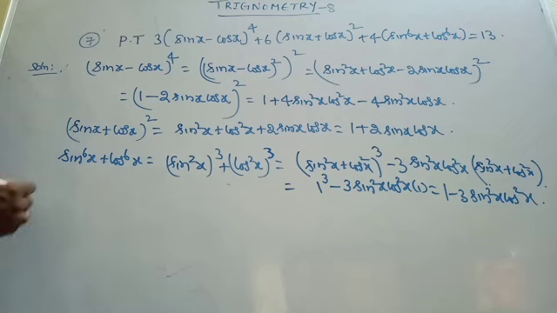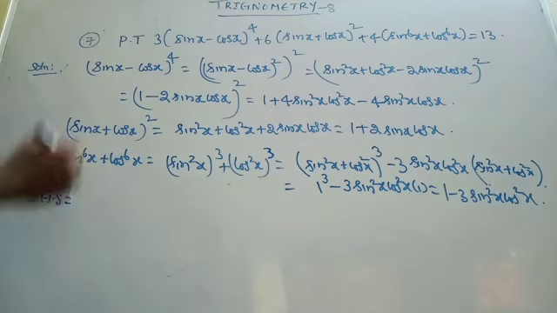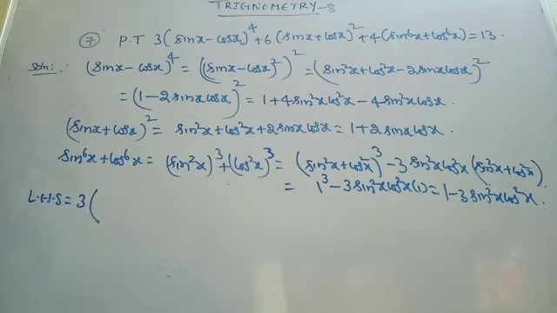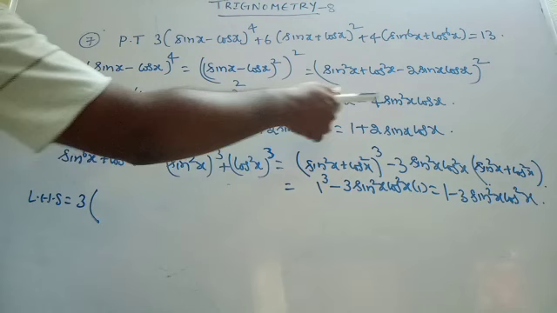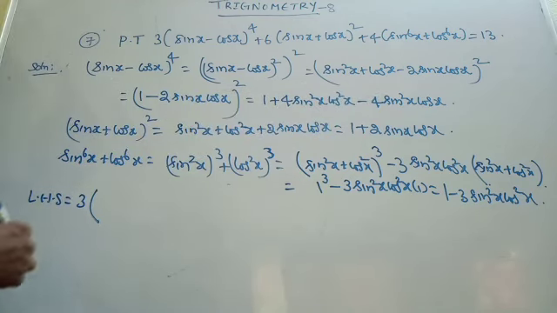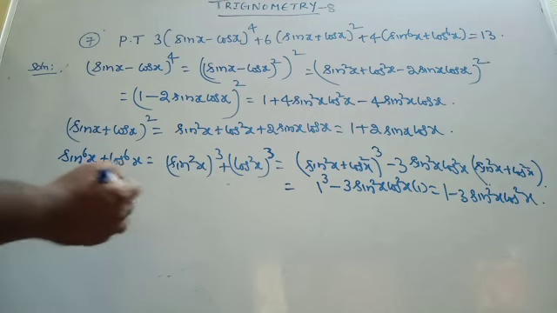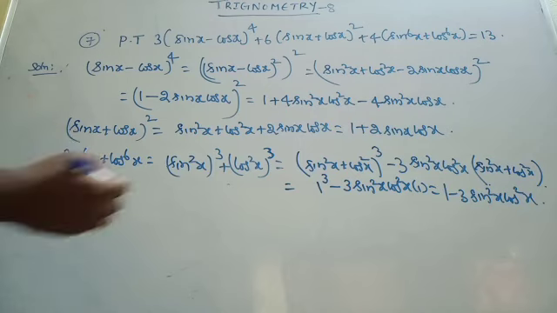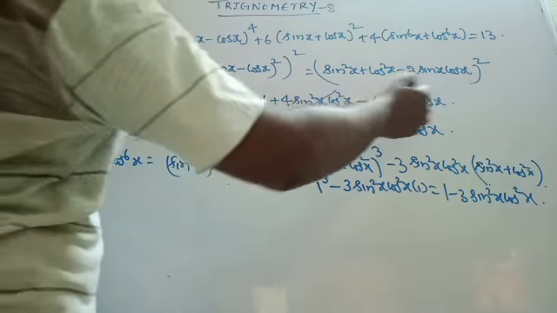Okay. Now you take the left hand side part. You have got now 3 times of this sin x minus cos x whole power 4, that we got. If you simplify that, this will be cancelled and we got this as 1.